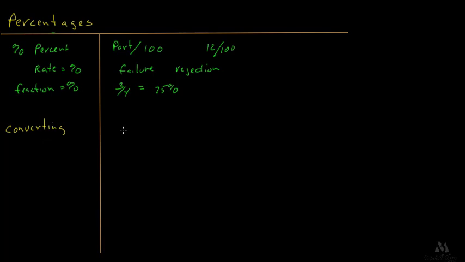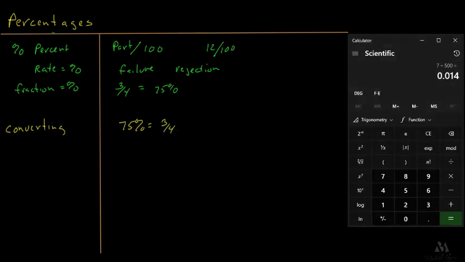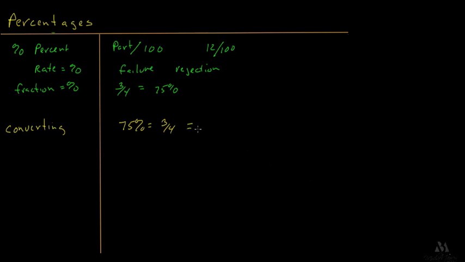So how do we go about converting? For instance, you may already know that 75% equals 3/4. But why is that? Well, let's grab the calculator real quick and take a look. If we take 3 divided by 4, we are going to get 0.75.